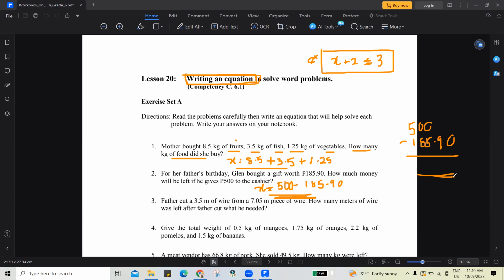So I'm not quite sure, but is it 300? Wait. 315.90.